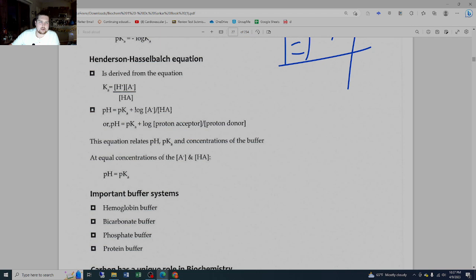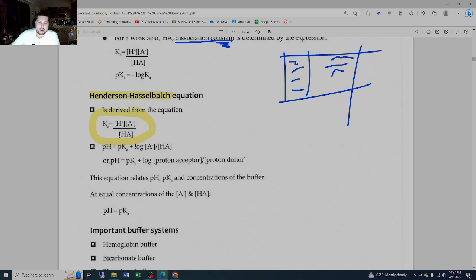So here we're talking about the Henderson-Hasselbalch equation. Just know the equation in general right here, where the concentration of hydrogen, times the conjugate base over the acid itself, is going to give us that dissociation constant.